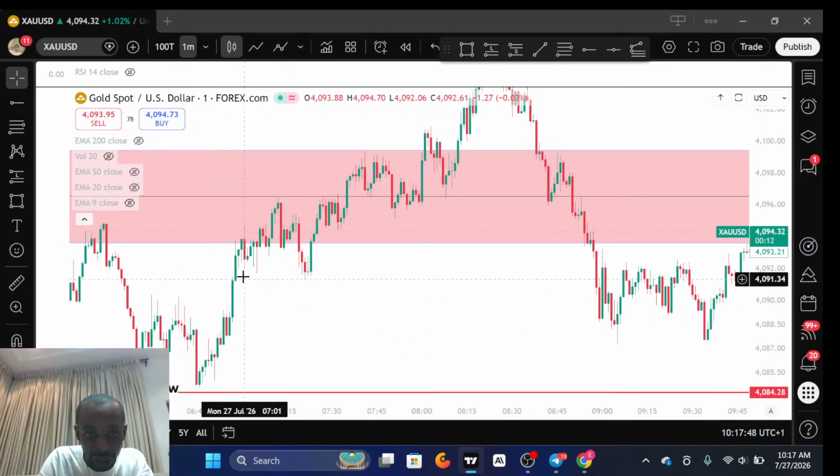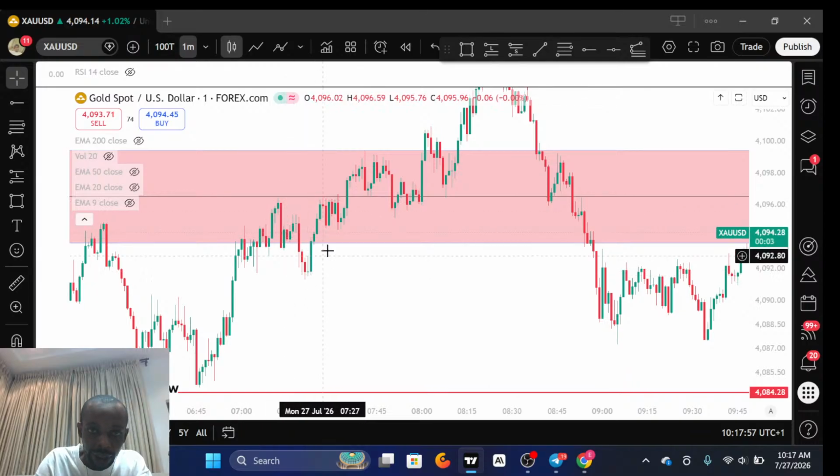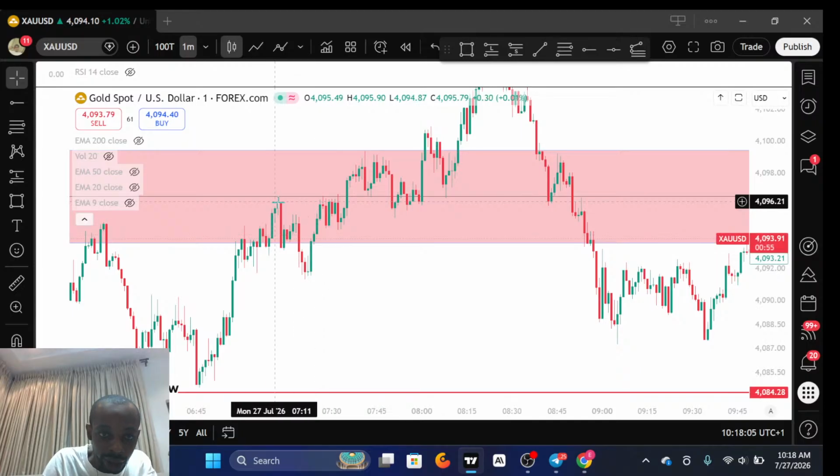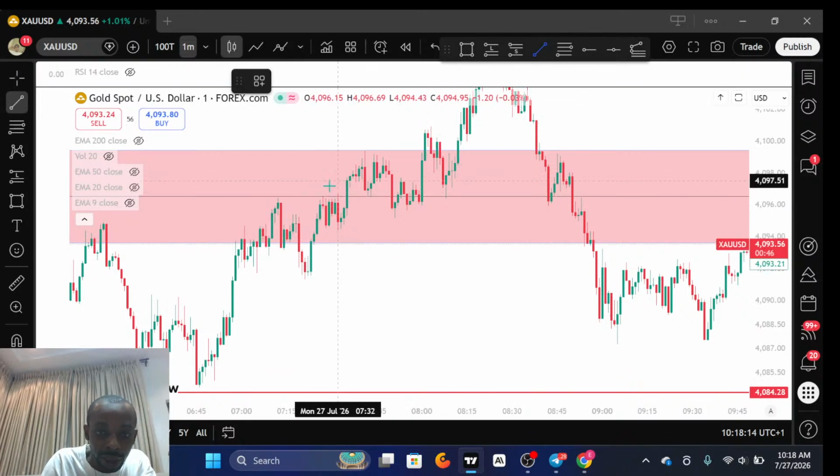You see this market move like this, went up and came down again, then broke this level. Can you see it? If you can see it, type we can see it. So it broke this level. Let me mark it.